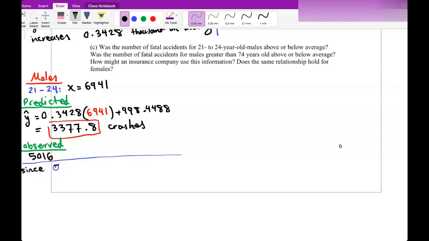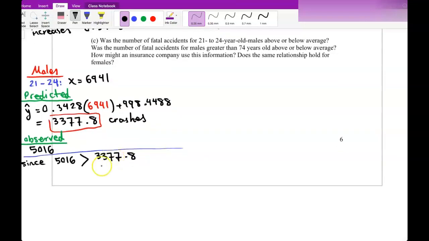Since the observed value 5,016 is greater than the predicted value, this is above average.